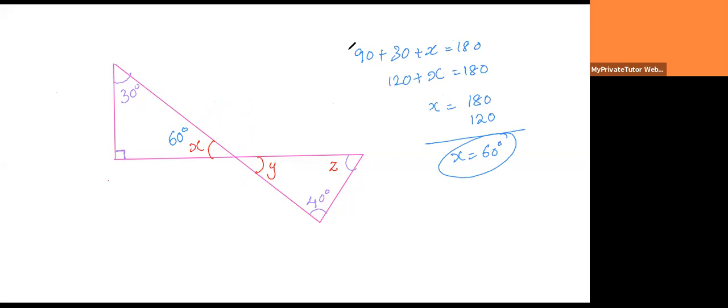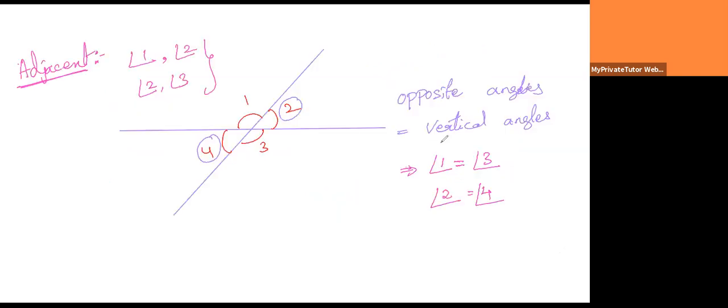So the angle Y is not given, angle Z is not given. In the below triangle, you can see only one angle is given, but how to find the other two? So just listen carefully, I will guide you. Just recall the previous page. Can you see the opposite angles?